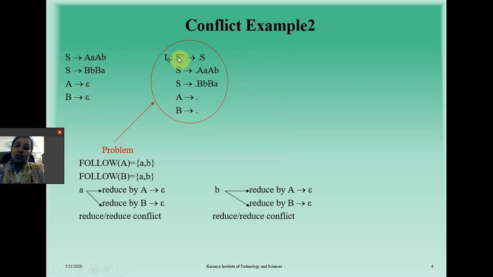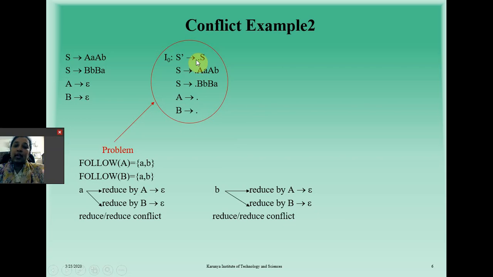On finding the closure of the augmented production, S dash produces S, the item S dash produces dot S has been included. Because we have S after dot, the other two items which start with S have been included. Here you have dot A and dot B. The item for A produces epsilon would be A produces dot, and the item for B produces epsilon is B produces dot, which has been included.